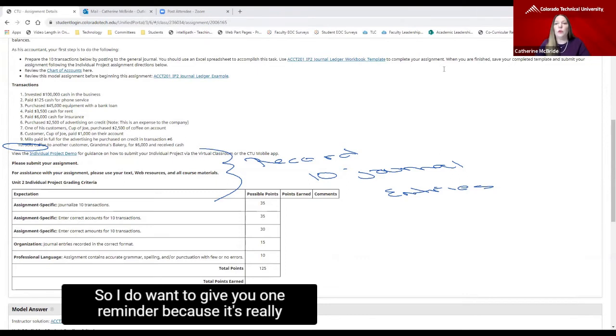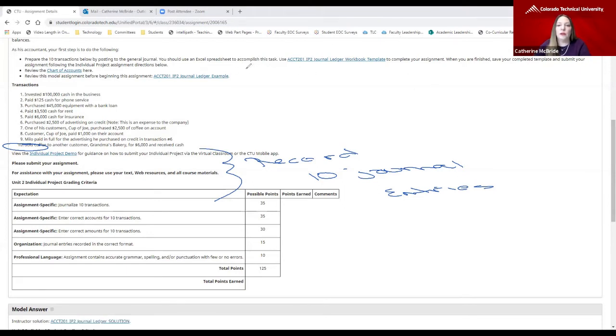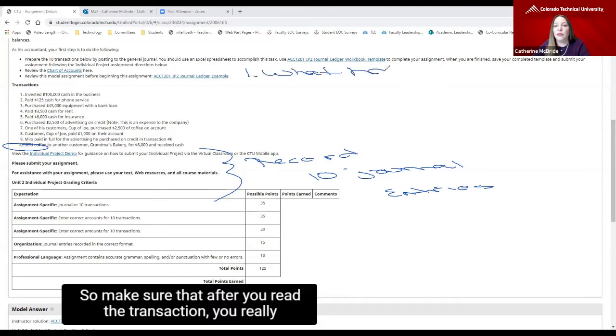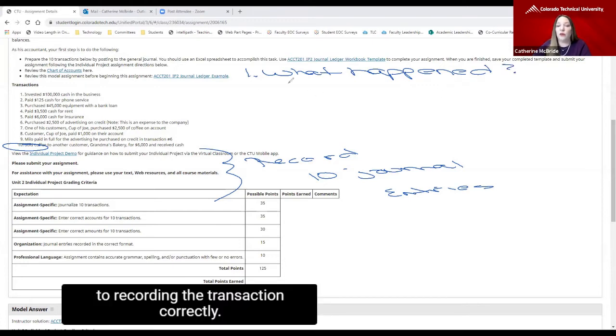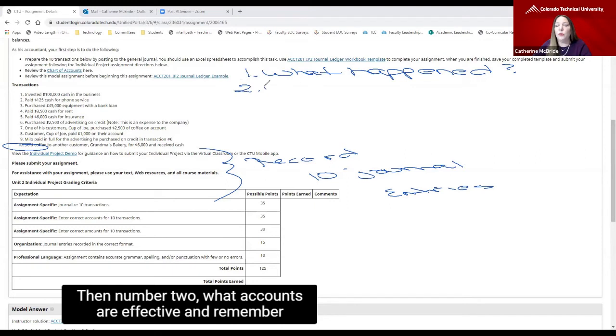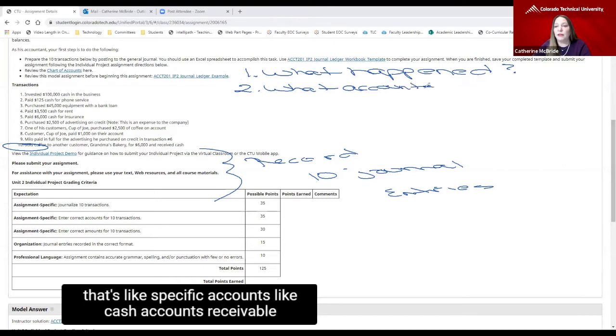So I do want to give you one reminder because it's really important. Let's review the thought process. Number 1, what happened? Make sure that after you read the transaction, you really understand what happened, because that's going to be the key to recording the transaction correctly. Then number 2, what accounts are affected? And remember, that's specific accounts, like cash, accounts receivable.